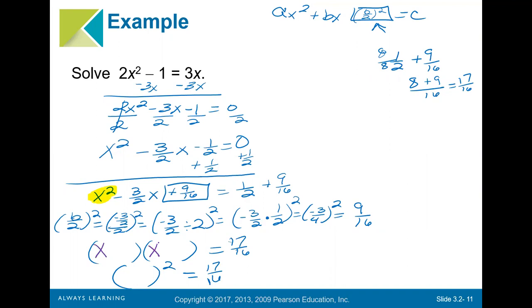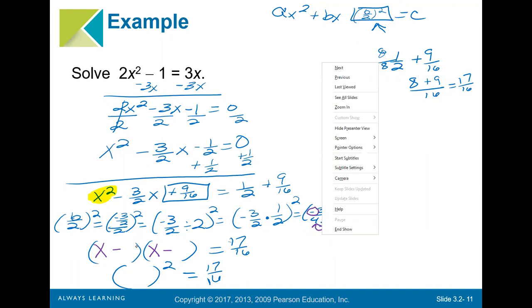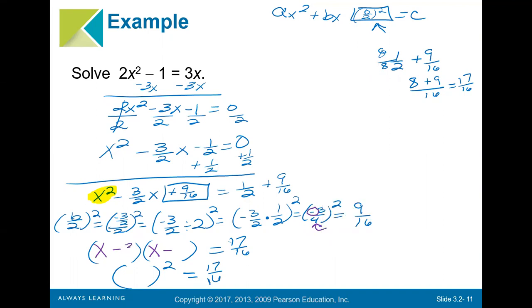And a little helpful hint, right here before I square it, you notice we have a negative, right? So what does that tell me? It tells me we have a negative in both of these. Okay. Now, what is the perfect square? Well, square root of 9 is 3. Square root of 16 is 4. Is it not this here? 3/4. So sometimes this will help you.